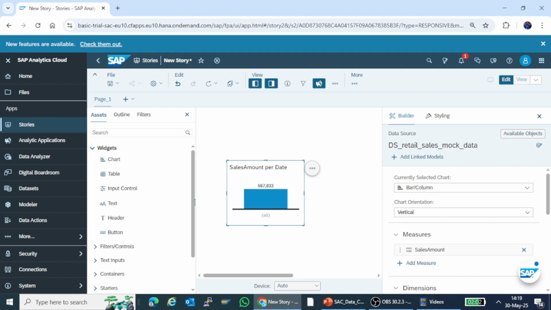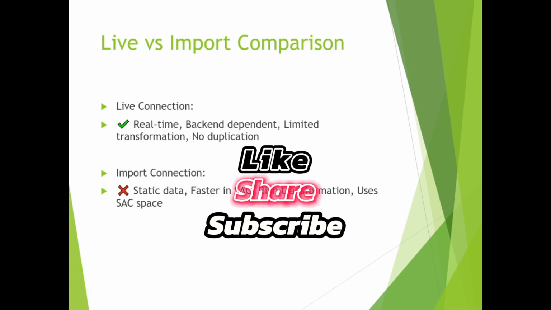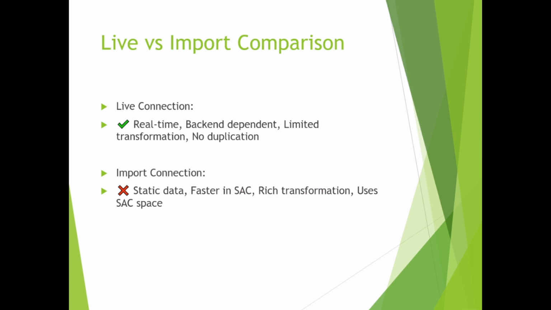So what are the differences between live and import connections? The live connection will have real-time data, and you can do analysis on the real-time data. The live connection is dependent on the backend: if the S4 HANA backend is not available, the live connection will also not show the relevant data.